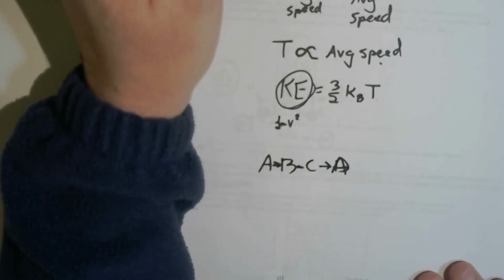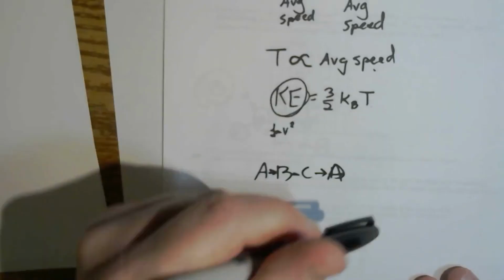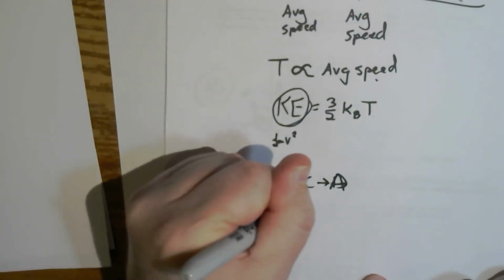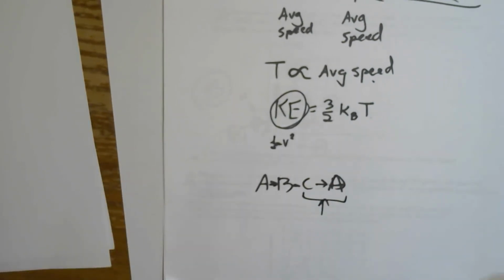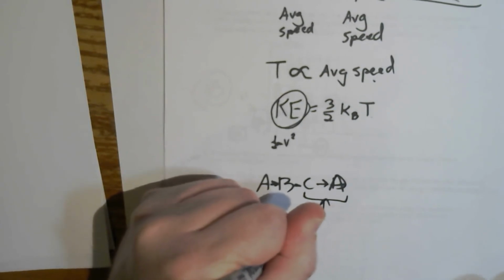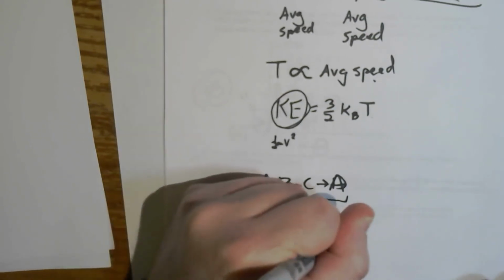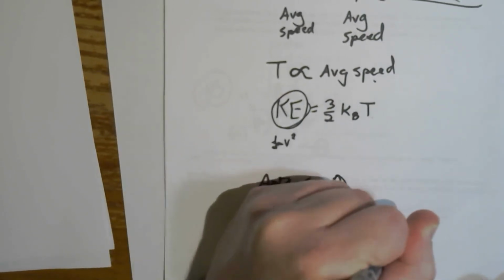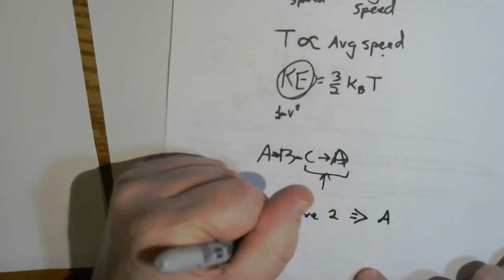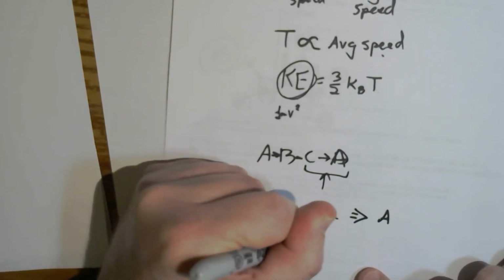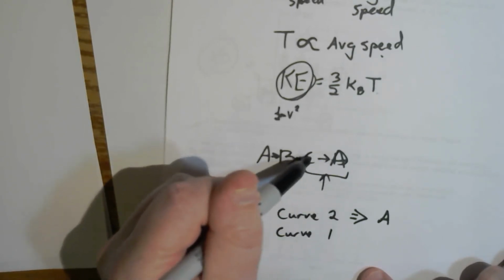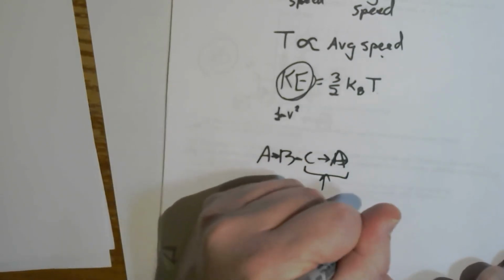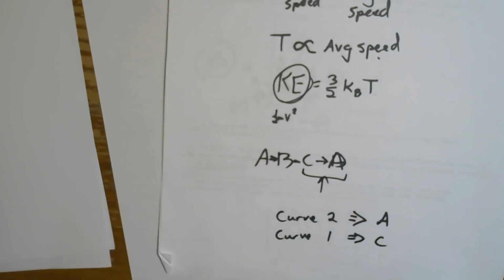Well, it can only go from B or C to A. And the only time that can happen is if I go directly from C to A. So ultimately, what you conclude is that curve 2 belongs with state A of the gas, and curve 1, which comes before curve 2, has to be state C of the gas.